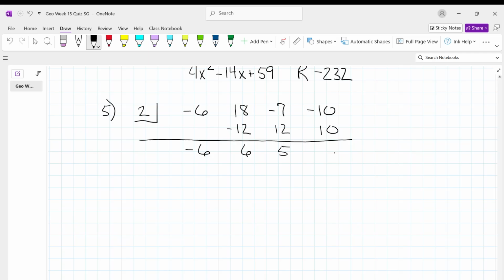Negative 10 plus 10 is 0. So we got a 0 remainder. So our quotient is negative 6x squared plus 6x plus 5.